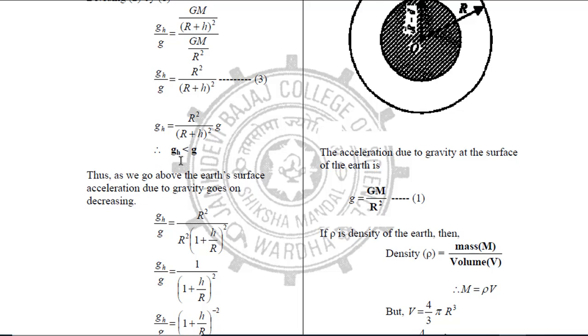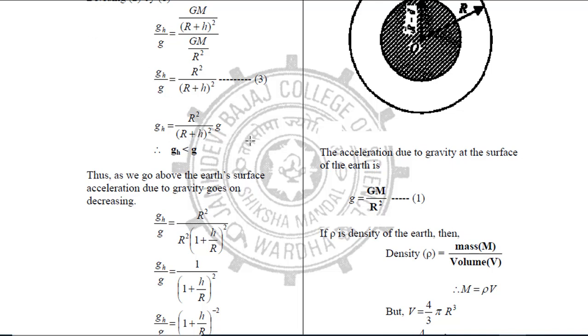And therefore gh will always be less than g. So this tells us the farther we are going away from the earth, the smaller the gravity is becoming. Remember, you are going up, so h is increasing.